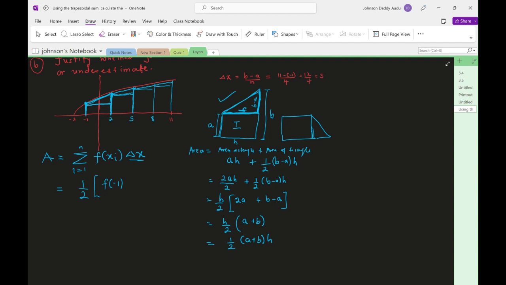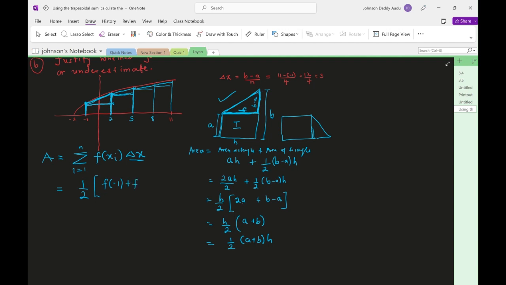That is what will give us a for the first trapezoid. Then what is b? B is the distance from here to the top here, so the distance from here to this point. And what is that going to be? It is just going to be f of 2.